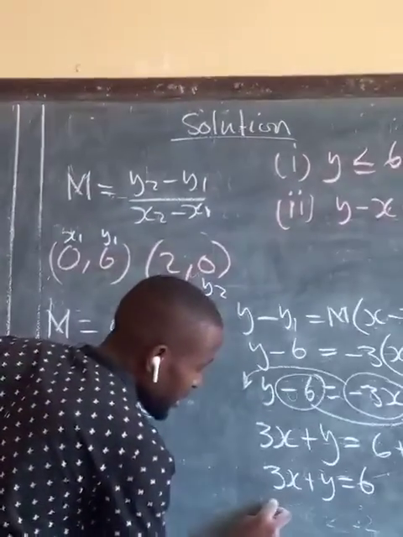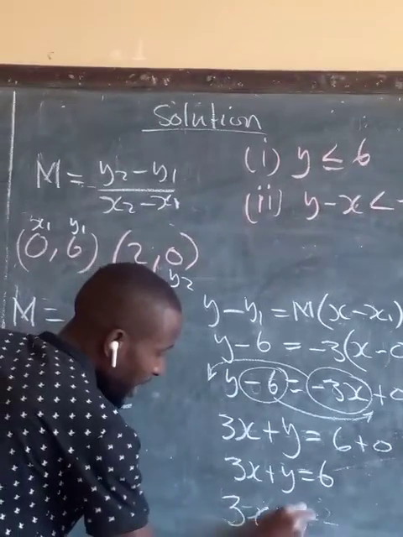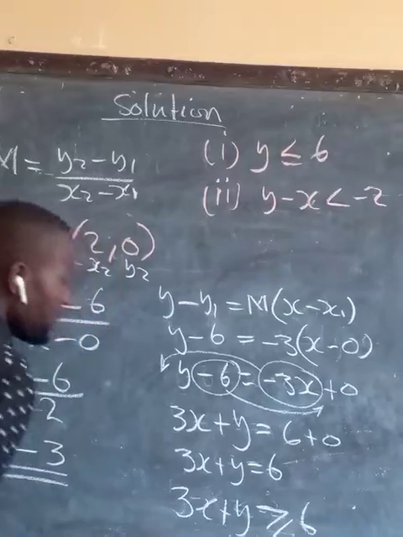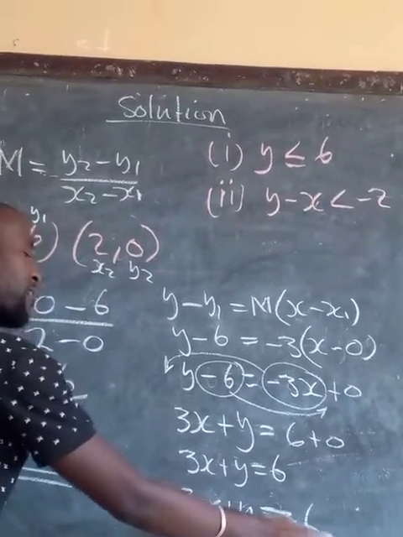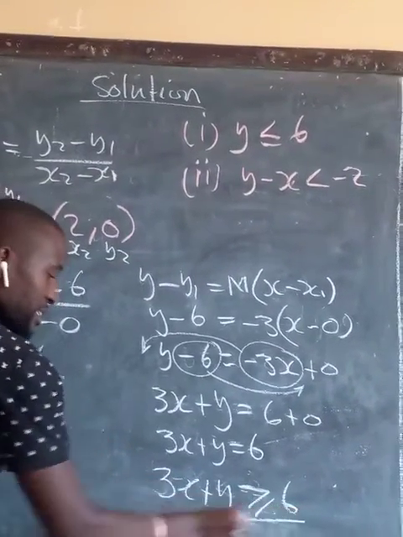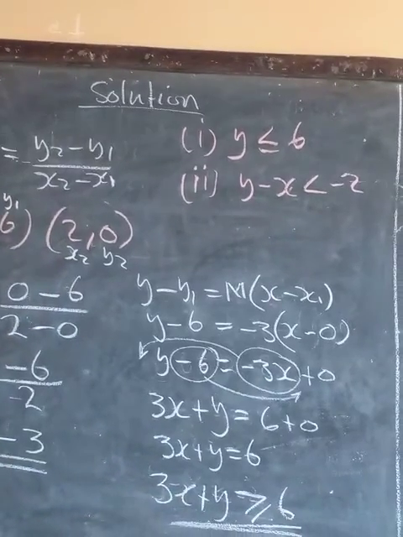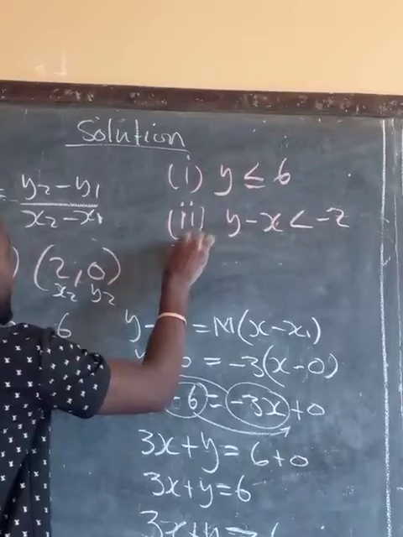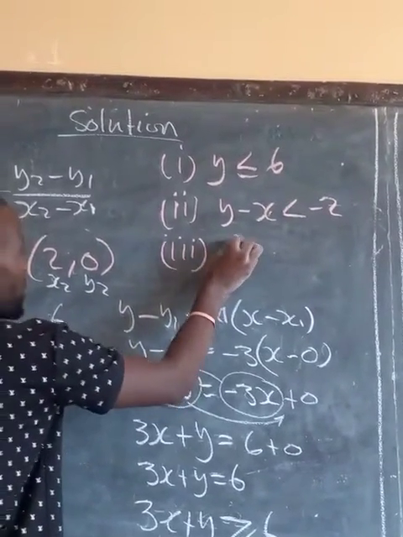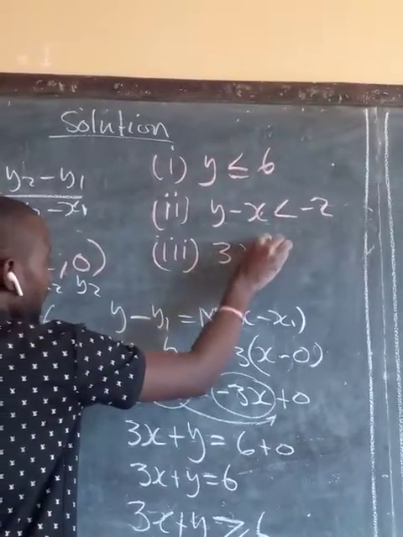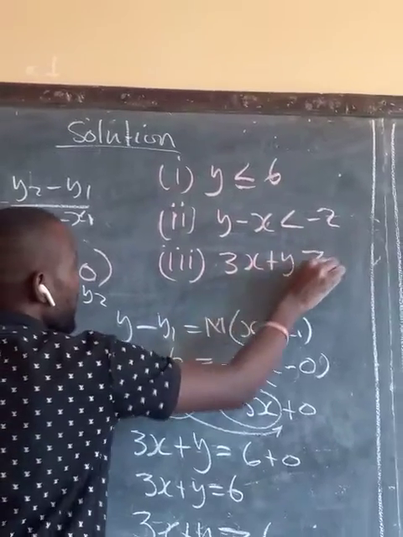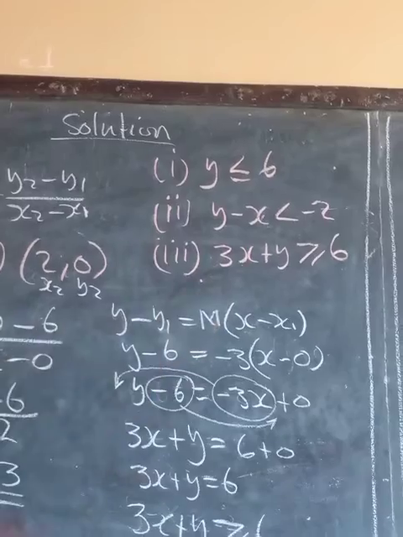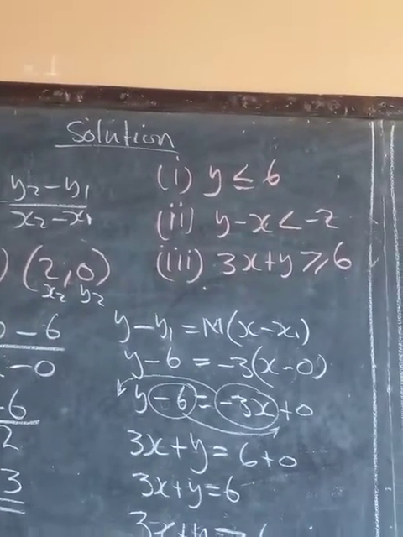So we're saying that 3x plus y is greater or equal to 6, meaning they want numbers which are greater or equal to 6. Hence, this is our third inequality: 3x plus y is greater or equal to 6. And you will be done with this kind of question.